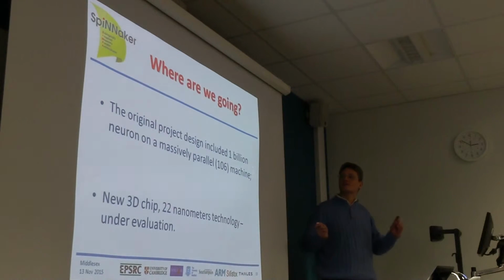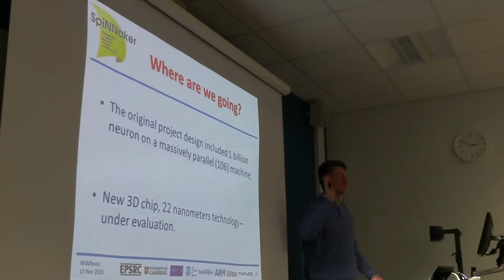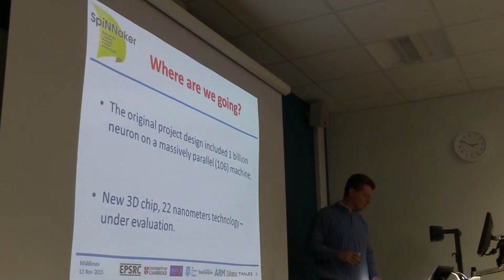So, the original project included 1 billion neurons on a massively parallel architecture. We are going through it. Now we just finished the 105 machine. Before the end of the year or beginning of next year, we plan to complete the final machine.